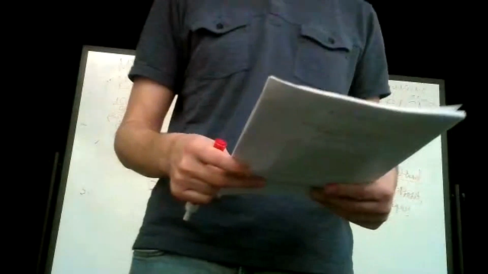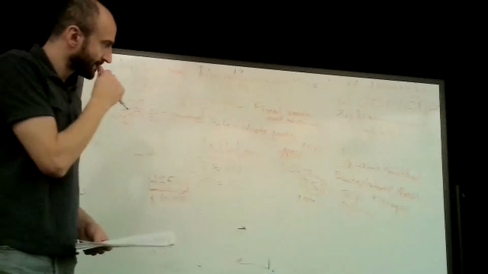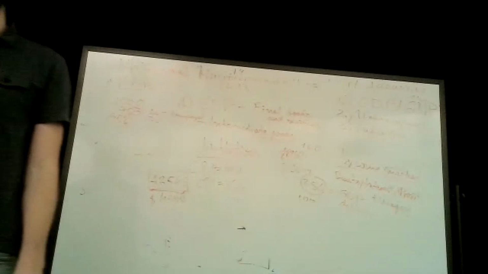So when real GDP goes down for 2 consecutive quarters, we say the economy is in a recession. So you divide nominal GDP by the GDP deflator, you get real GDP.